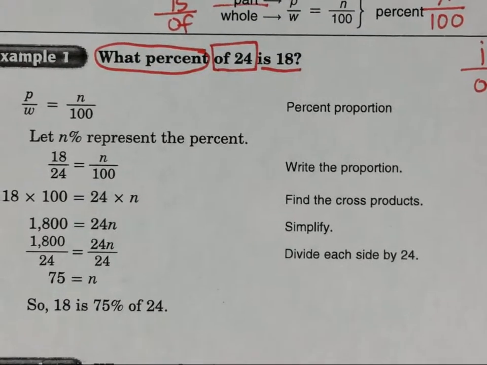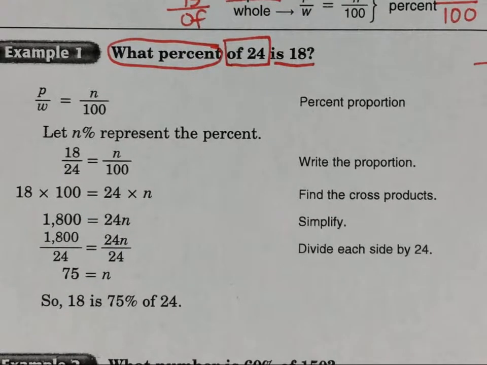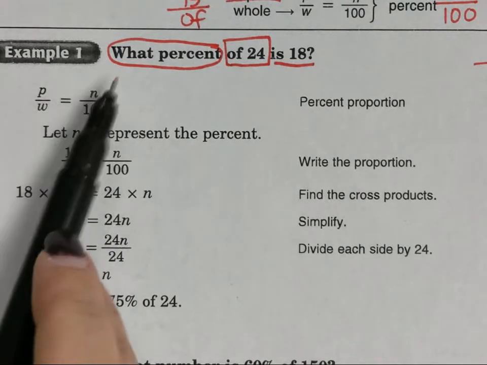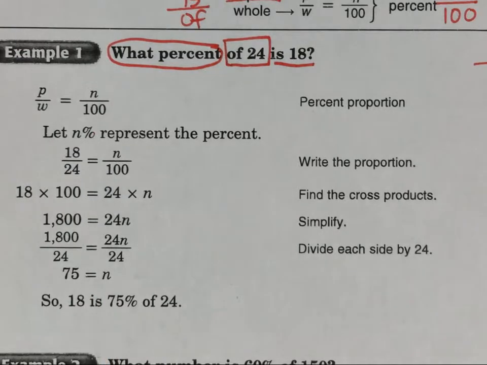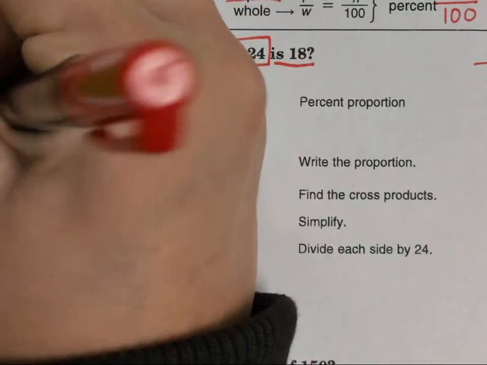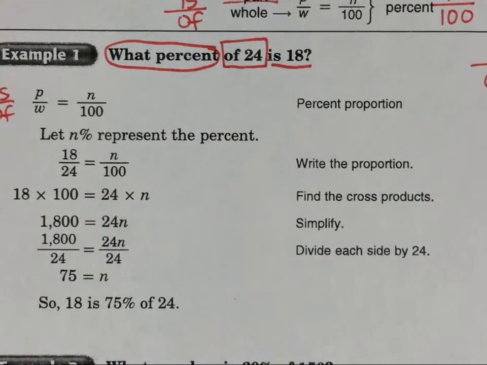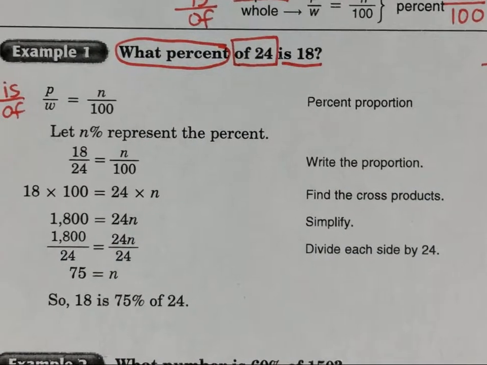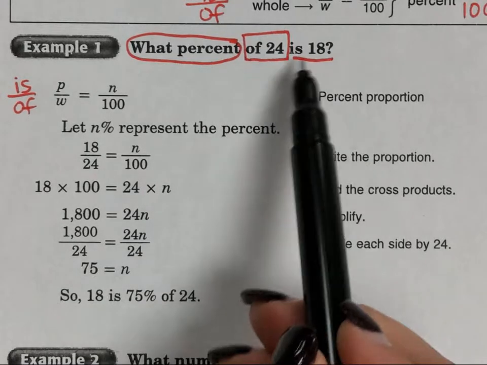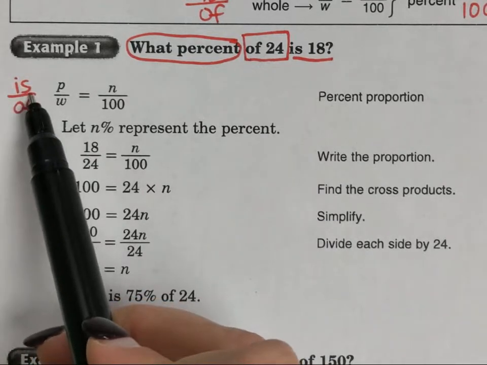So here they're using P over W equals N over 100. So part over whole equals percent over 100. Remember, this is the same as is over of. So up here where I underlined is 18, that 18 is going to go on top where is.